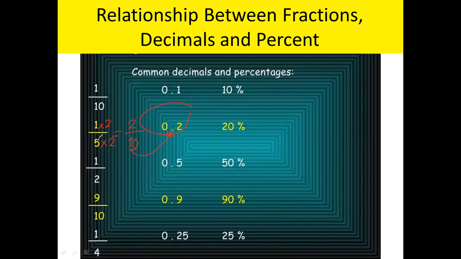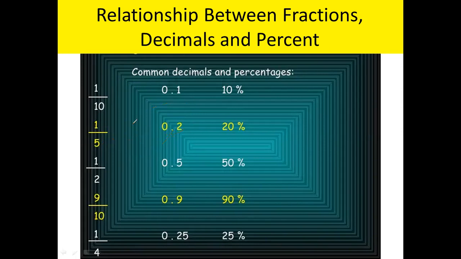We can convert that into a fraction with denominator of 10, 100, or 1000. Or if you like, we can also divide. Remember, to convert into decimal, there are 2 ways. We can have the fraction into a denominator of 10, 100, or 1000, or you can divide it directly if you like.